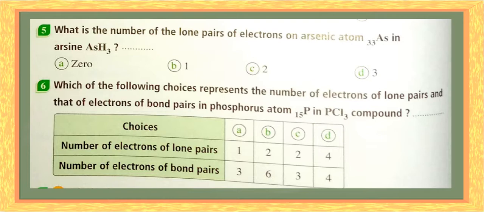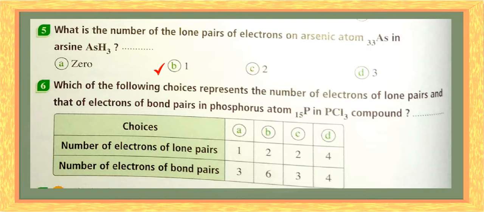Is there any lone pair in the arsenic atom inside this molecule? There is 1 lone pair remaining on the arsenic in the compound AsH3. We have only 1 lone pair of electrons as it is not forming a bond inside the compound. It is the lone pair remaining on the arsenic atom, as it has only 1 in the s orbital.